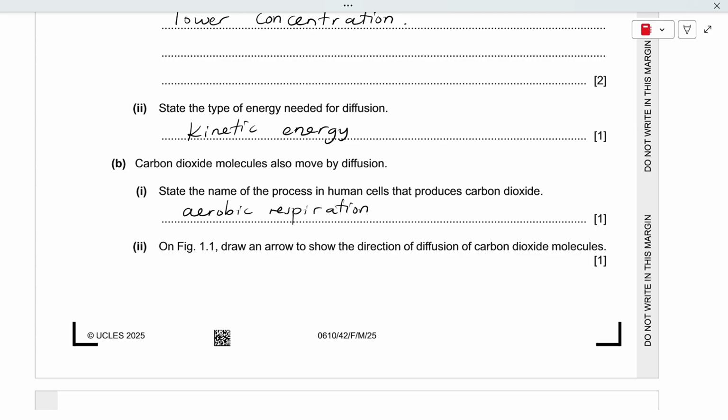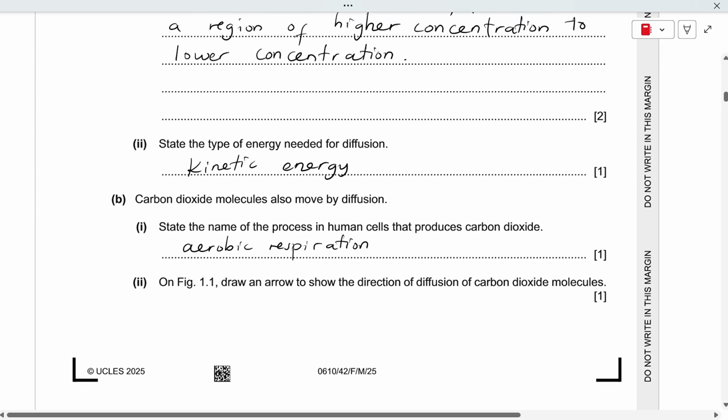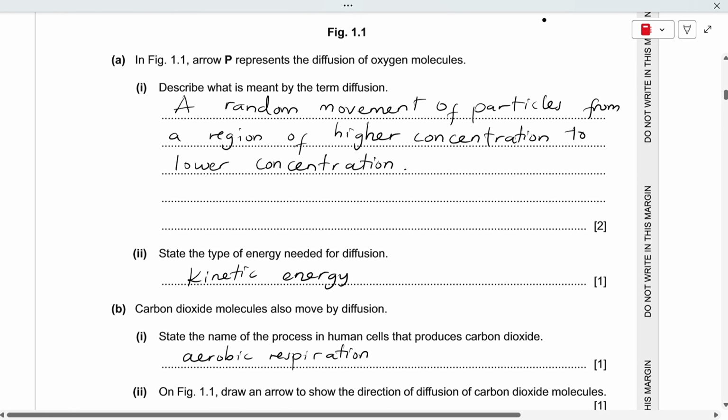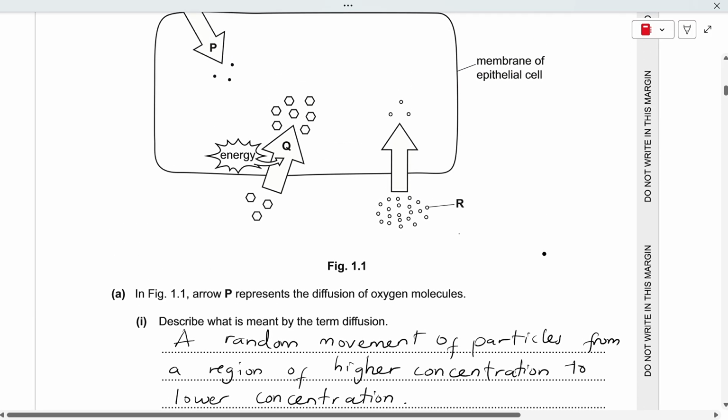Okay, on figure 1.1, draw an arrow to show the direction of diffusion of carbon dioxide molecules. Okay, so carbon dioxide molecules are actually meant to diffuse out of cells, move through the blood into the lungs where they can diffuse outside.